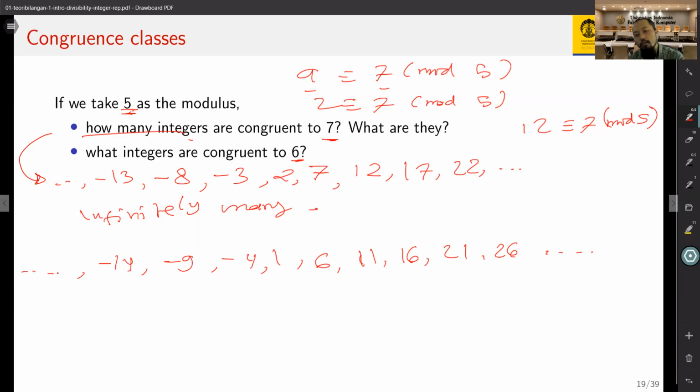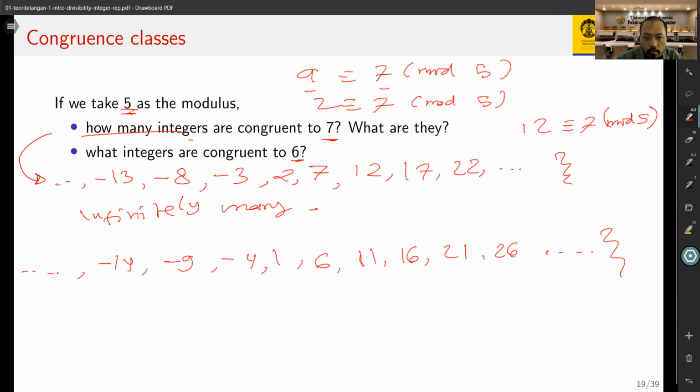So you see that with respect to some modulus, you could group the integers into different groups. In this case, we call them the congruence classes. Essentially, this is one class, this is another class.